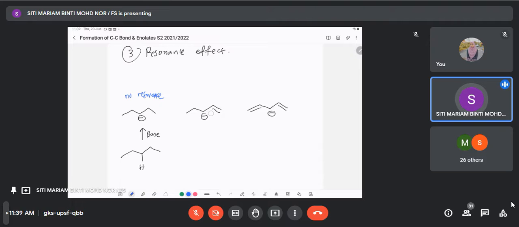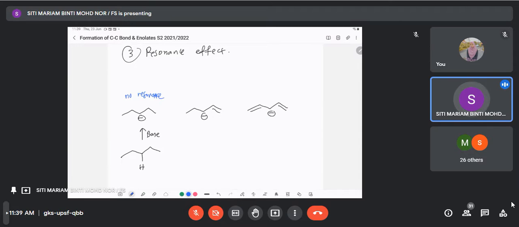In the middle structure, if you go to the left, negative charge, single, single. Again, no conjugated system on the left. But if you go to the right, you have negative charge, single, double. So you see this is the conjugated system in the structure.